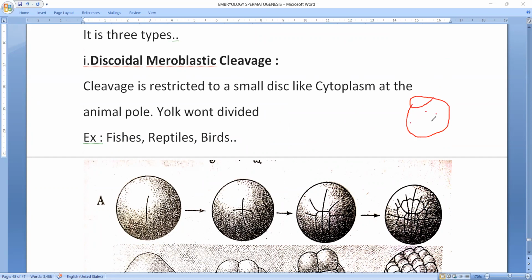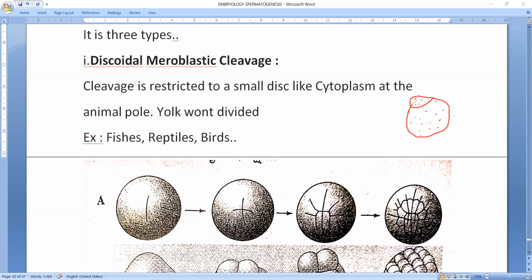So up to here, the yolk substance. Here this area has very little cytoplasm. So this is yolk now.